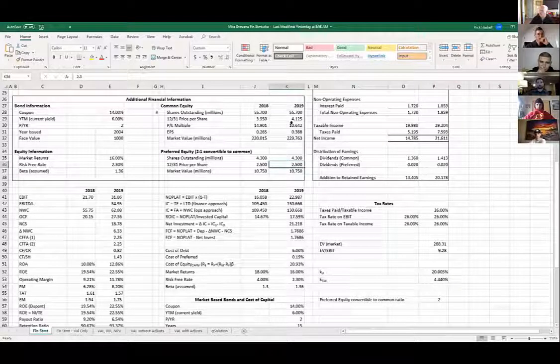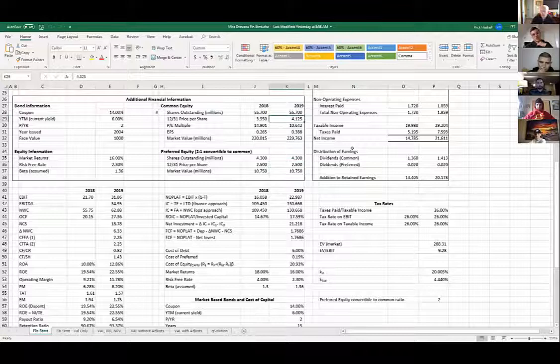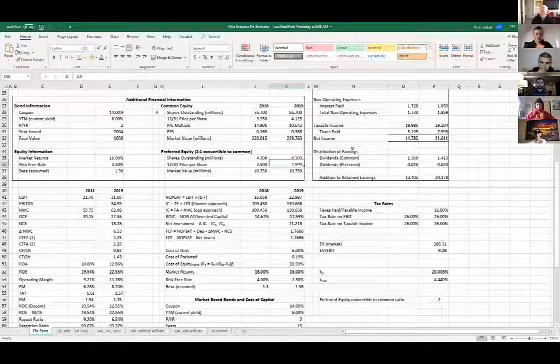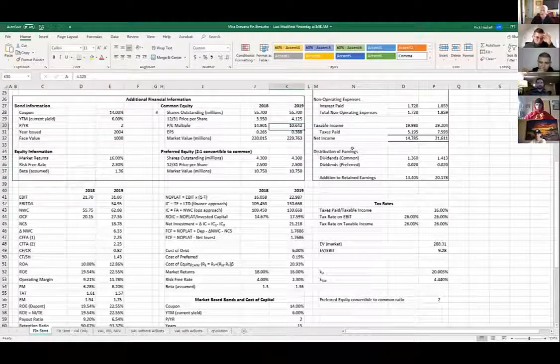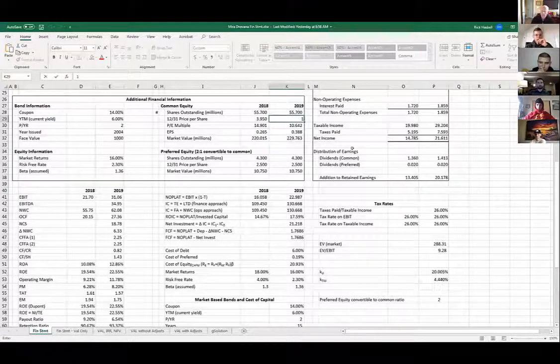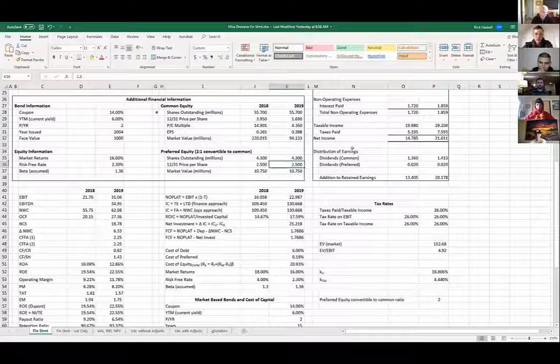So it's built on a common share value of 4 and an 8 and a preferred share value of 2.5. Well, that's interesting. We just broke these down, suggesting that the common share value should be $1.69, and the preferred share value should be 85 cents.